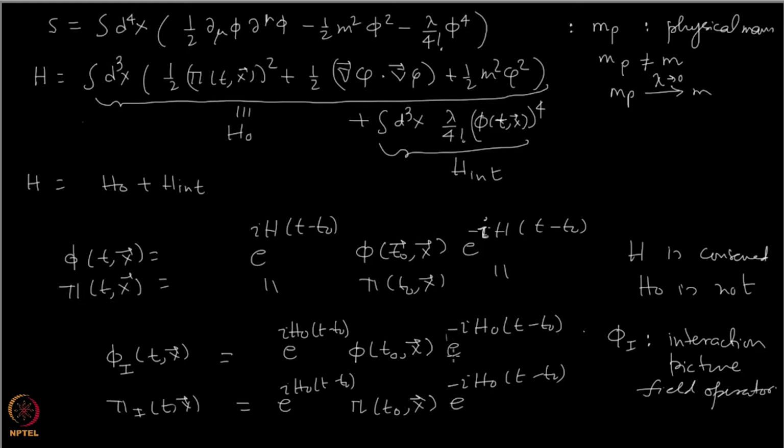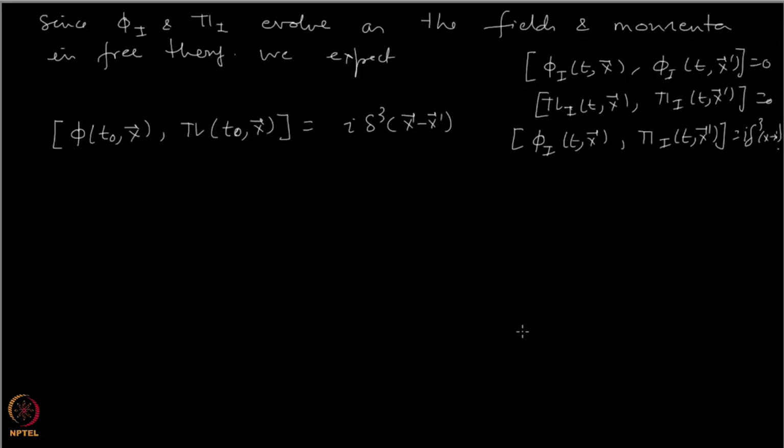So the inverse of this is e to the plus i H naught t minus t naught. So I will use this, and in this expression I will multiply on the left with e to the i H naught t minus t naught, and on the right I will multiply with e to the minus i H naught t minus t naught.